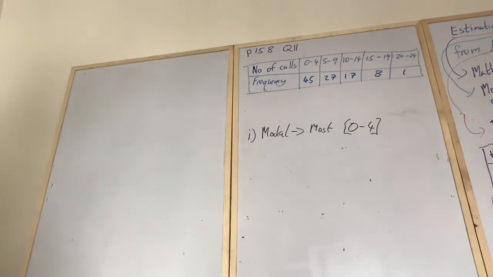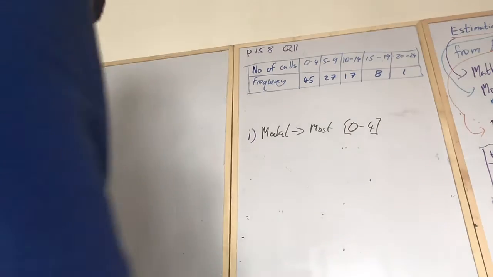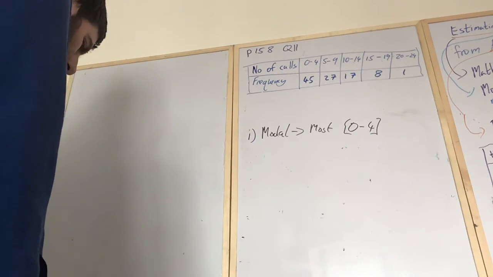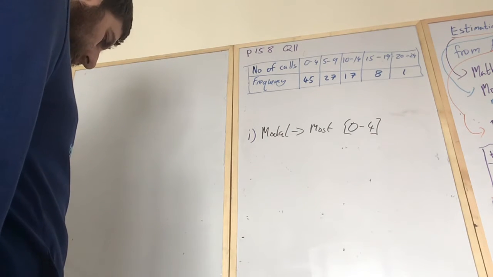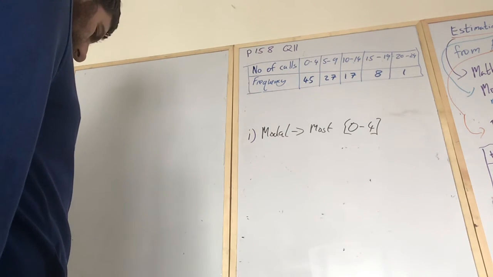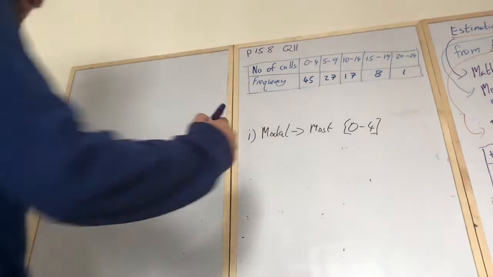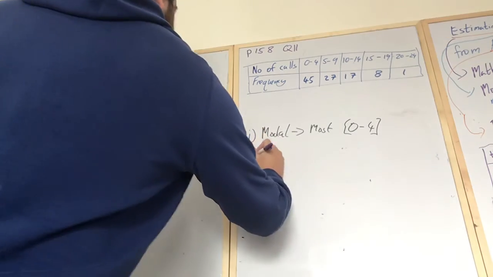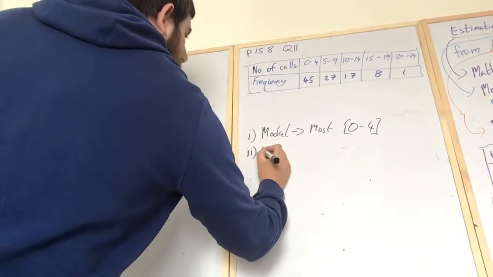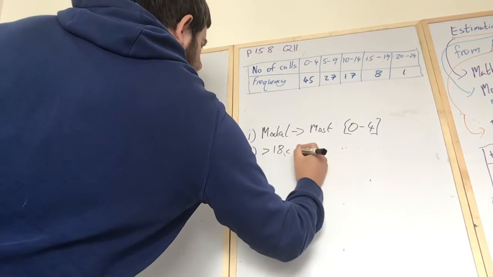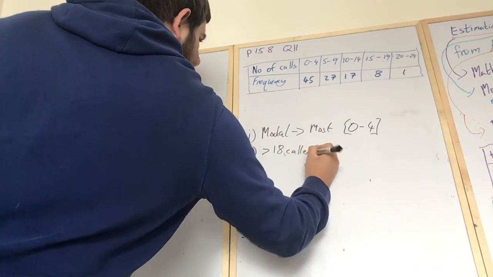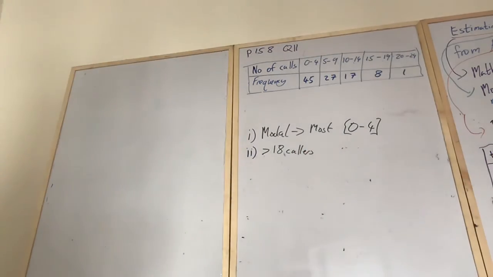The second part of that question asks you to find the greatest number of people that could have received more than 18 calls. So greater than 18 calls.